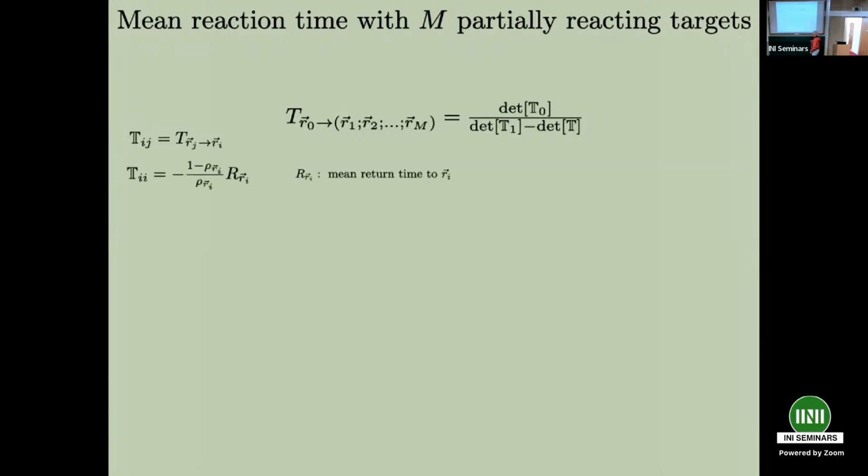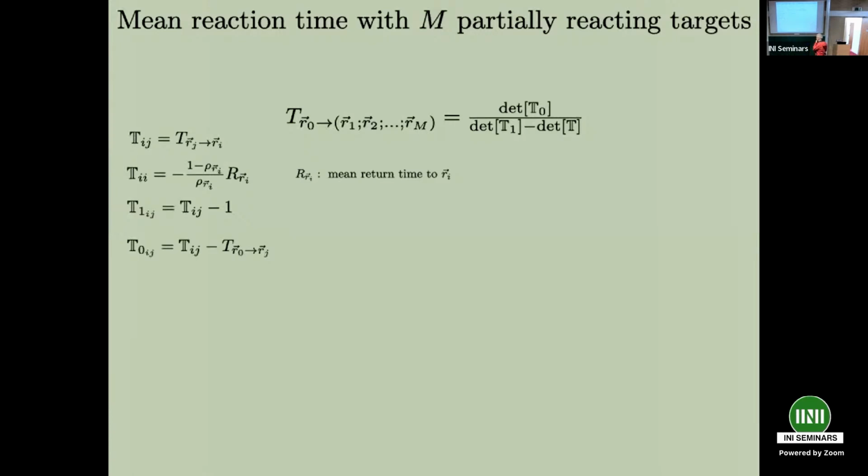And again, the mean return time comes into play along the diagonal elements. And again, it's 0, it plays no role if rho is 1. So as soon as you get there, it's full absorption. No? And then the matrix T1 is built from T minus 1. Each element, you subtract 1. And T0 is T minus all this first passage from the initial condition to all the sets.